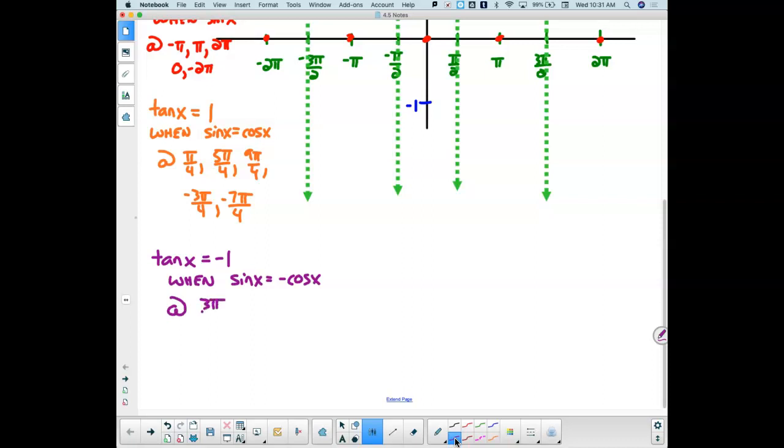It's just the opposite of the last one. And 7 pi over 4? And negative pi over 4? And negative 5 pi over 4? So the opposites of the other one, right?